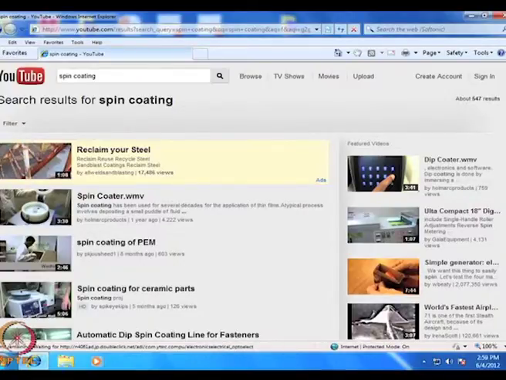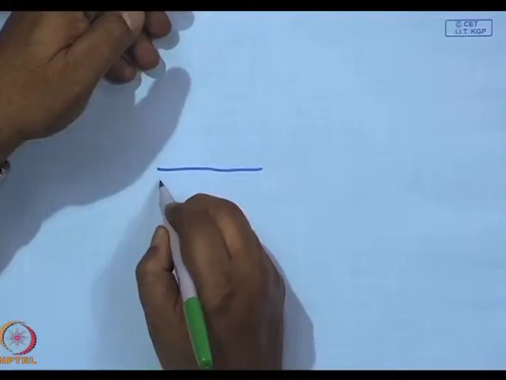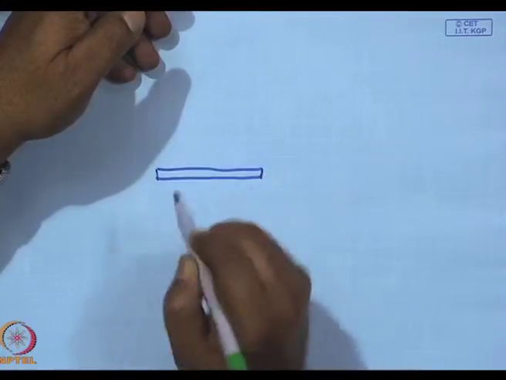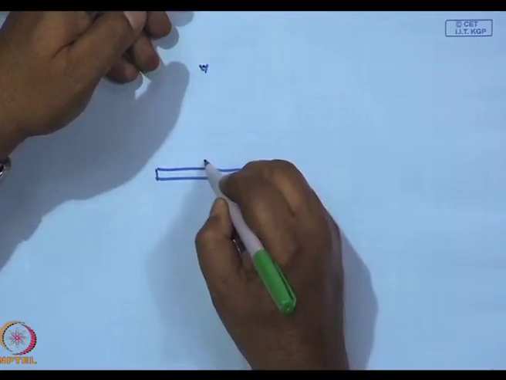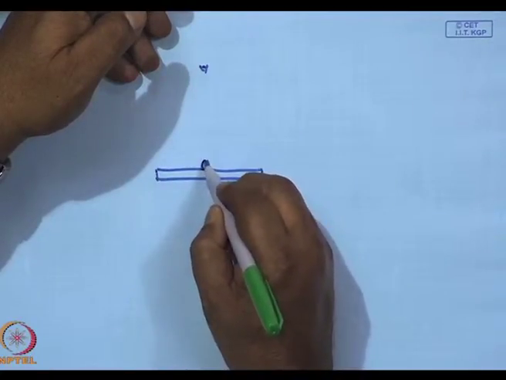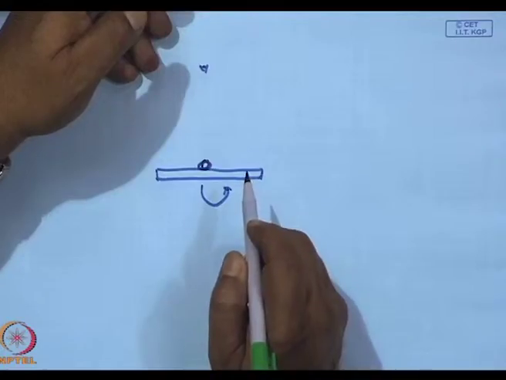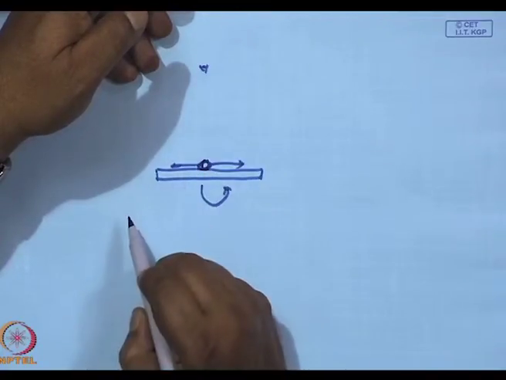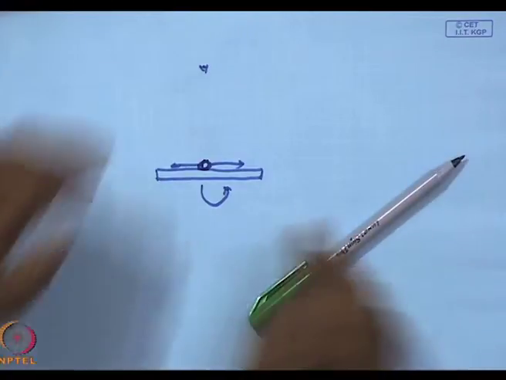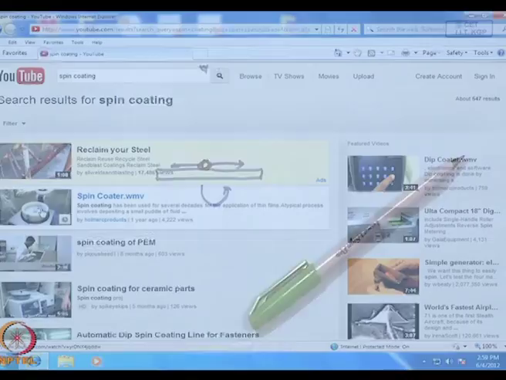Basically, if I look at spin coating, it would be this: I have a substrate on which a drop of liquid is dropped on the surface. This is spun around and this liquid spreads all over the surface. This is a spin coater.